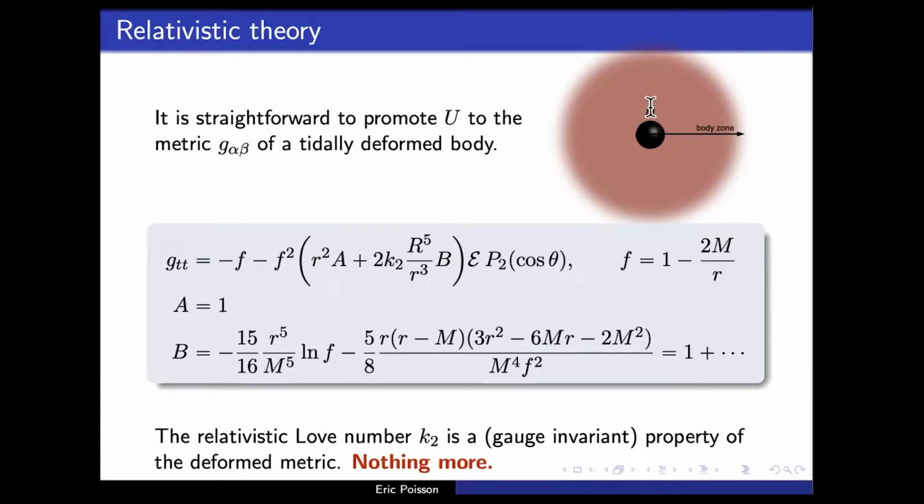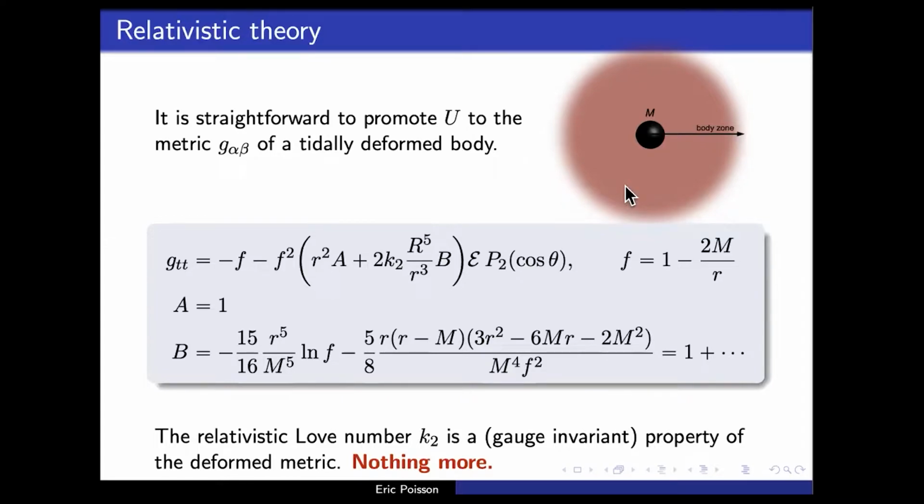And it's that matching with the interior solution that would determine what K2 needs to be for any given model of a neutron star. So that's how you do the calculation. You take the vacuum perturbation and you match it to the interior perturbation, and the matching will determine that unknown parameter K2 for a given model of a neutron star.